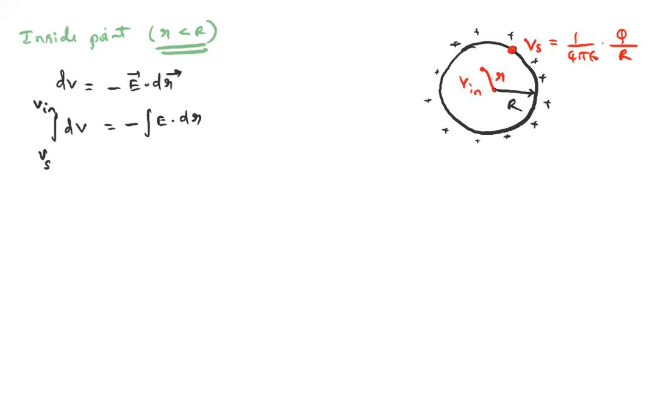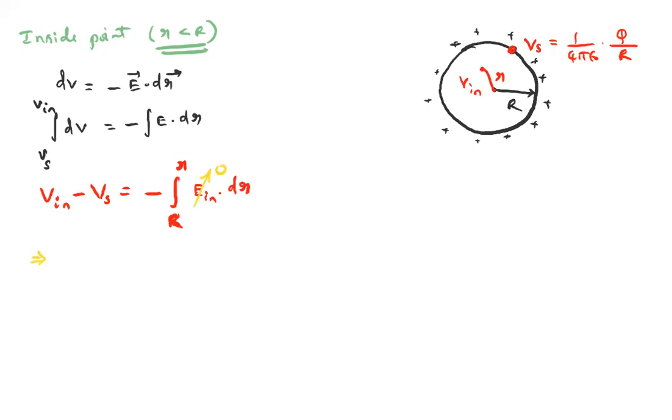Then on integration, integral of dV means V inside minus V on the surface, which will be equal to minus integral from capital R to small r of E inside into dr. As we know that E inside is 0, therefore this term is 0.